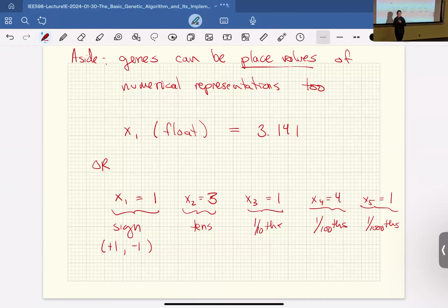That comes from how GAs were once upon a time traditionally implemented: long bit strings of zeros and ones that were crossed over in all these places, and then you reconstructed whatever numbers were being represented by those bit strings. But the actual genes behind them were just zeros and ones. So you can break these things up as well.